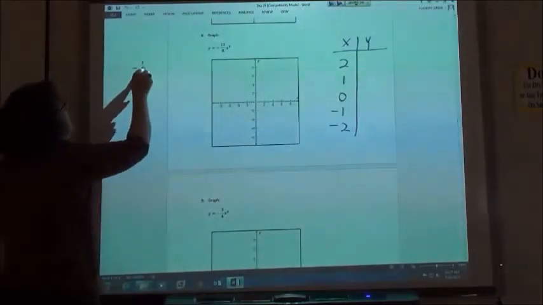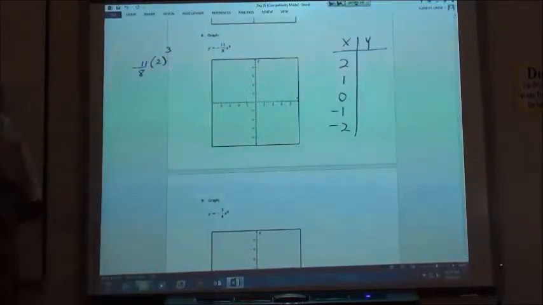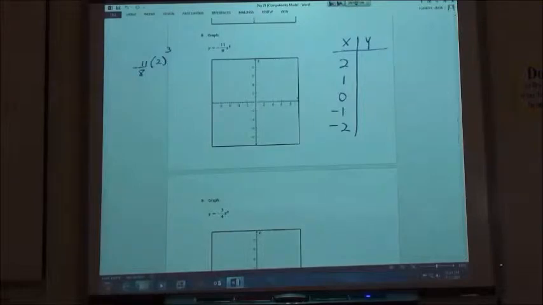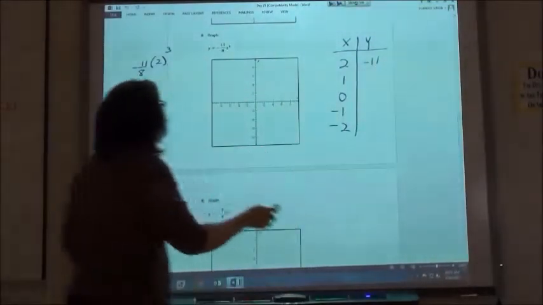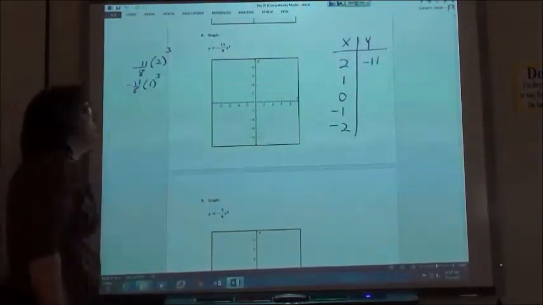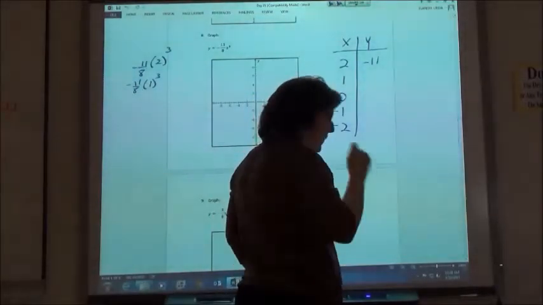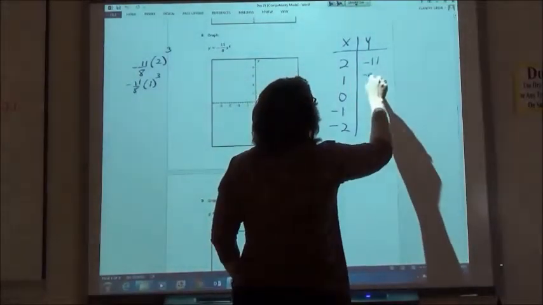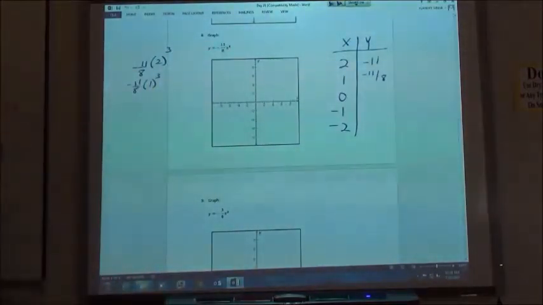So -11/8 times 2 cubed is -11. -11/8 times 1 cubed is -11/8, because 1 times -11/8 stays -11/8.